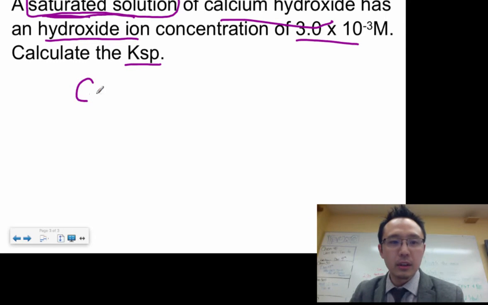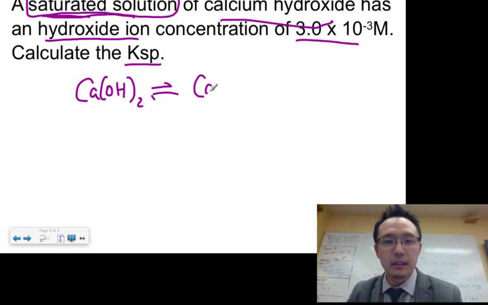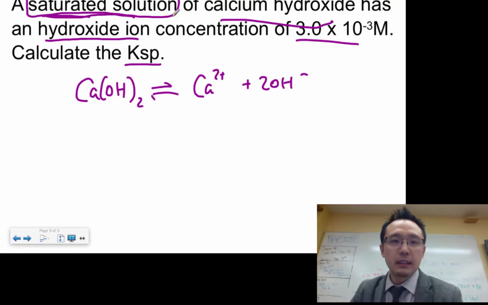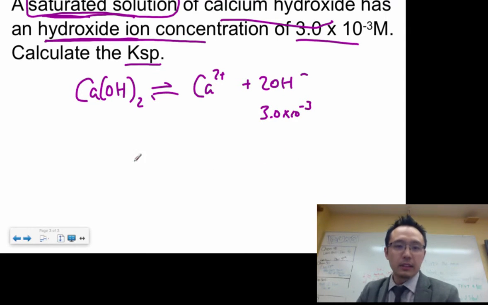So let's start just by writing this balanced equilibrium expression or reaction. So Ca2 plus and 2OH minus. So a saturated solution of calcium hydroxide has a hydroxide ion concentration of 3.0 times 10 to the negative 3. So then I need to calculate the KSP.